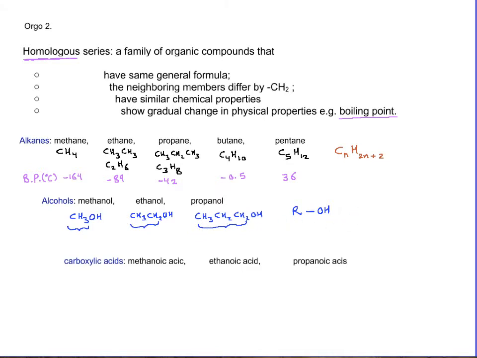If you look at their boiling points, in degrees Celsius, what you notice is a gradual increase. Methanol is 65 degrees Celsius. It's a liquid at room temperature. Ethanol is 78.5 and propanol is 97.4. One thing you should note at this stage is why methanol has such a large boiling point compared to methane.